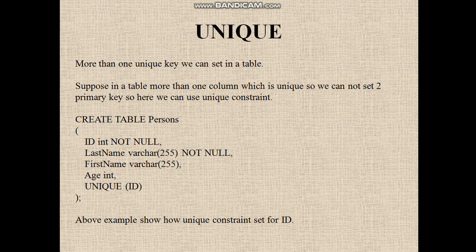Unique means you can add more than one unique key into your table. If you want to add two primary keys in your table, you cannot. But if you want to add two unique keys, you can add them into your table. Unique means you are applying uniqueness on your column.